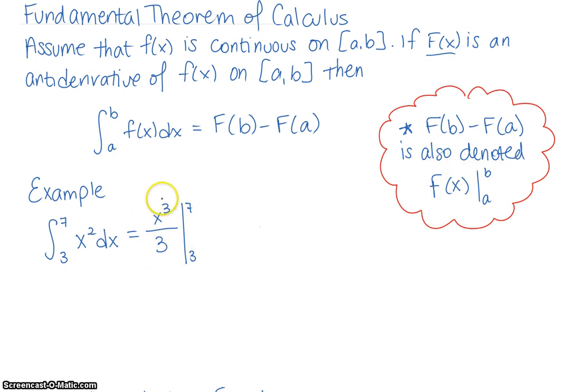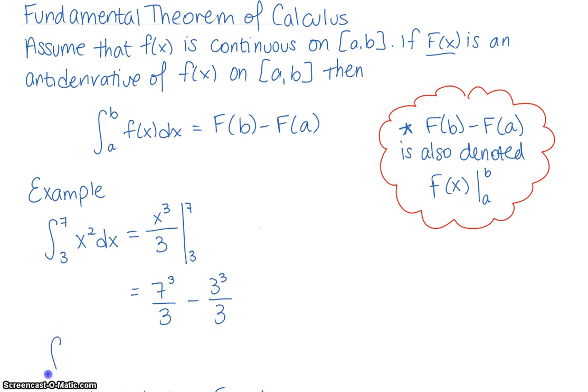We take the antiderivative in the general term in terms of x, and then we write down what we're going to evaluate it between. Then you can say that it's going to be capital F of b minus capital F of a. Then we have 7 cubed all over 3 minus 3 cubed all over 3.